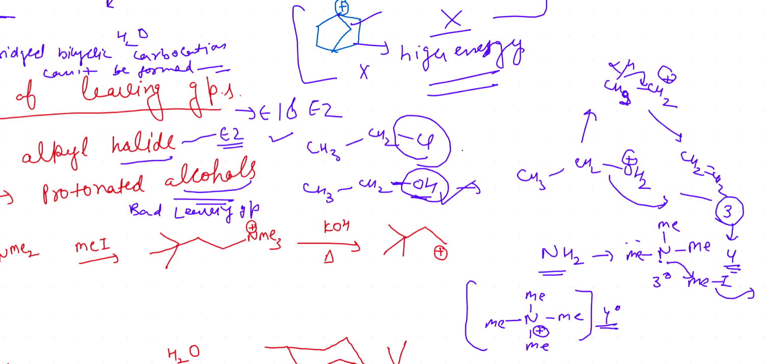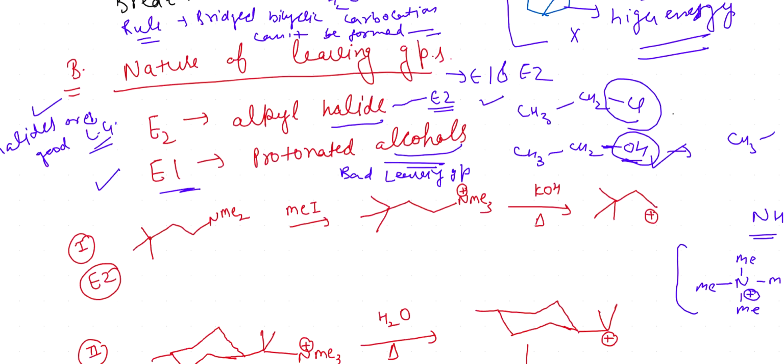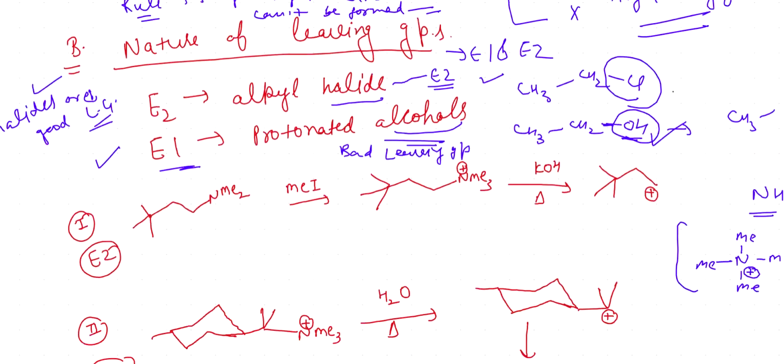Let's look at the example. So these are the methyl groups here, carbon and NMe2. First of all, it will undergo nucleophilic substitution reaction in the presence of methyl iodide. There is a partial positive charge on the methyl group and a partial negative charge on iodine. The lone pair of nitrogen will attack this methyl group with the removal of iodine.